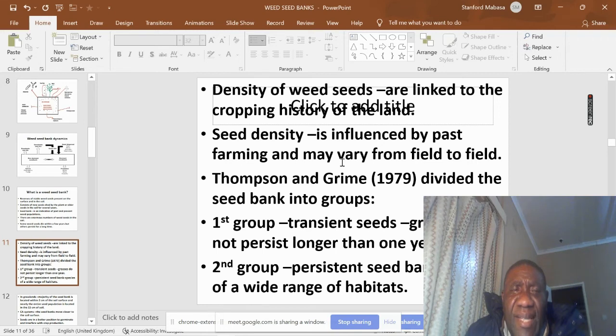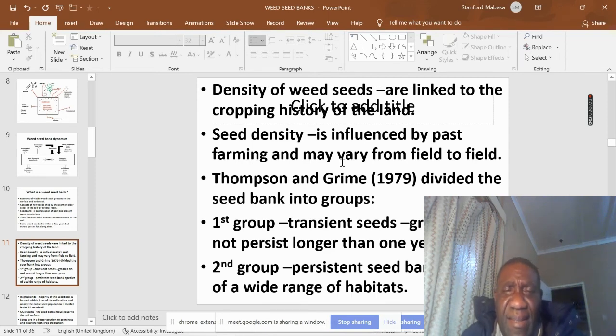Now, the density of weed seeds is linked to the cropping history of the land. Seed density is influenced by the past farming and may vary from field to field.